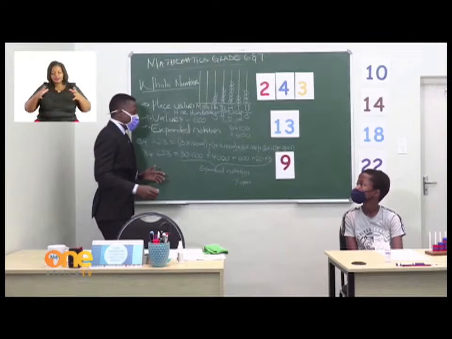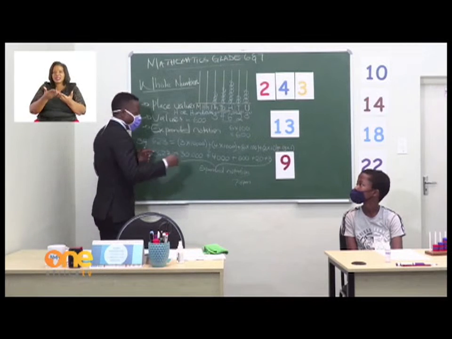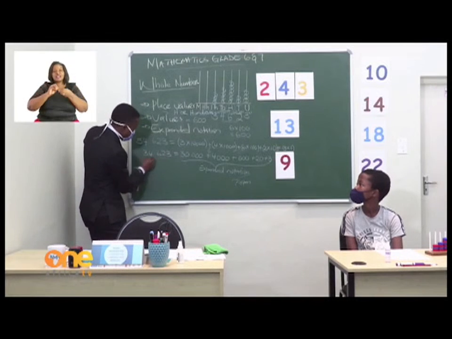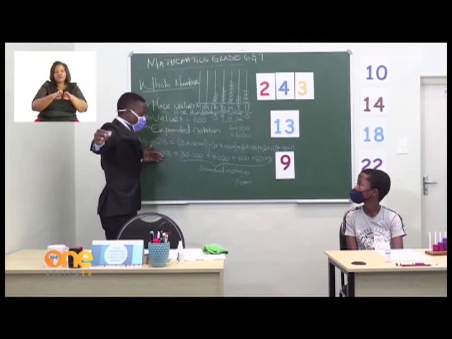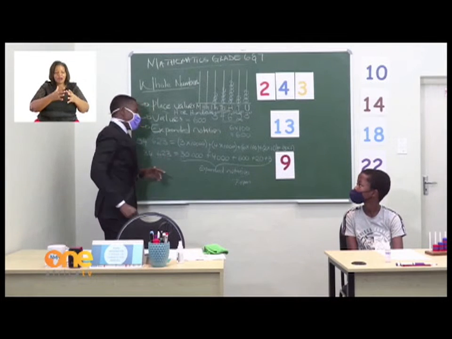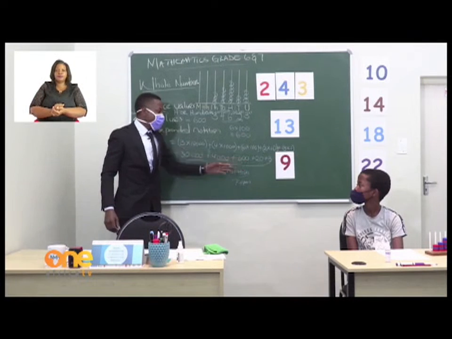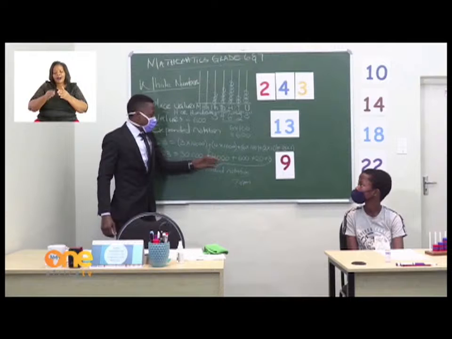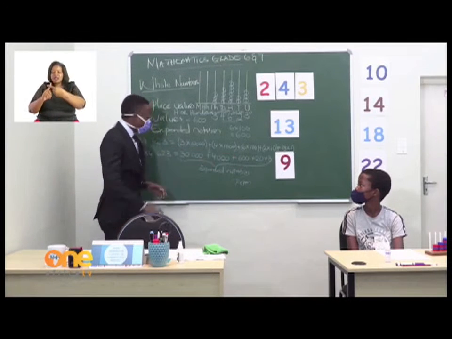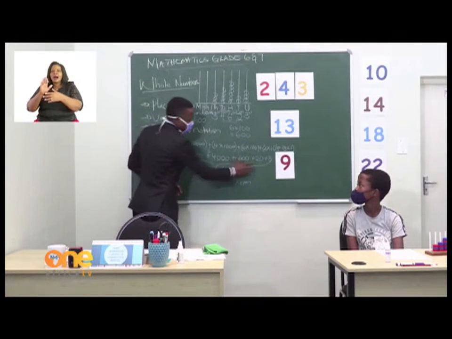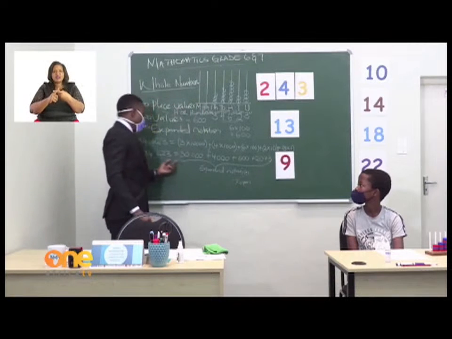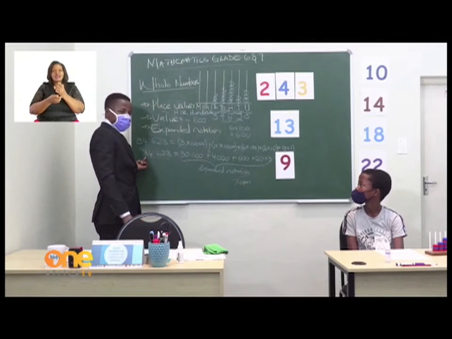In simple terms, an expanded notation is to make this number as huge, as large as it is, separated with addition in betweens. Why do we separate with addition? Because if we add all these numbers together, they will give us this number.